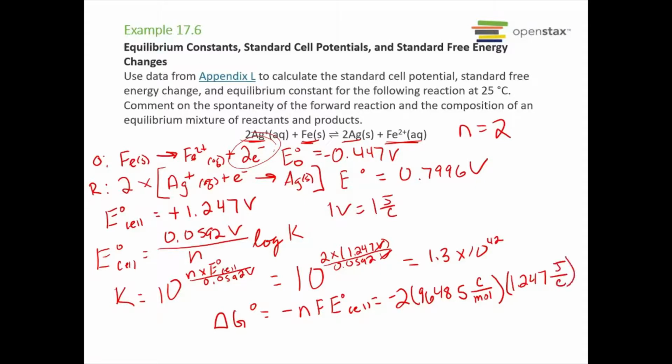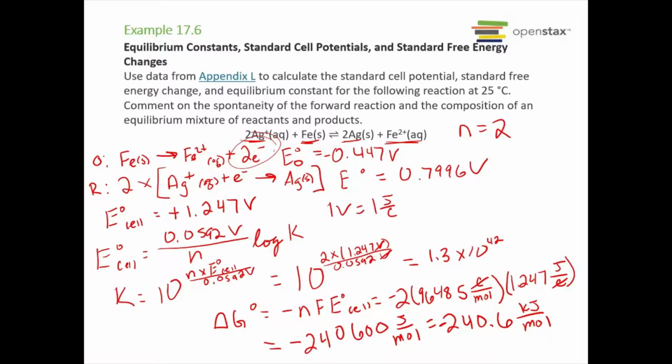So this is joules over coulombs, so you can see the coulombs cancel out. And then this becomes negative 240,600 joules per mole, or if we want to make this kilojoules, negative 240.6 kilojoules per mole. So delta G is negative.